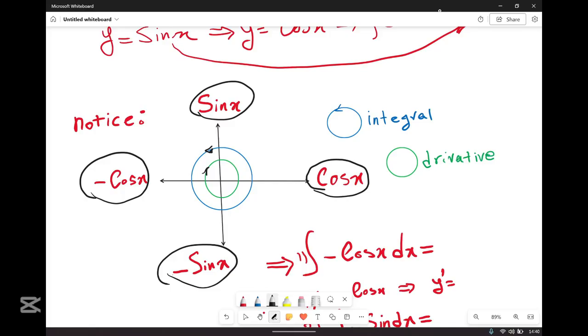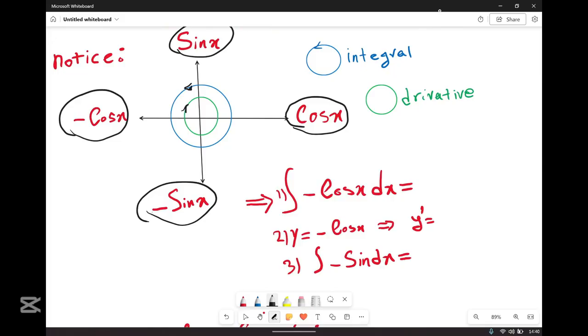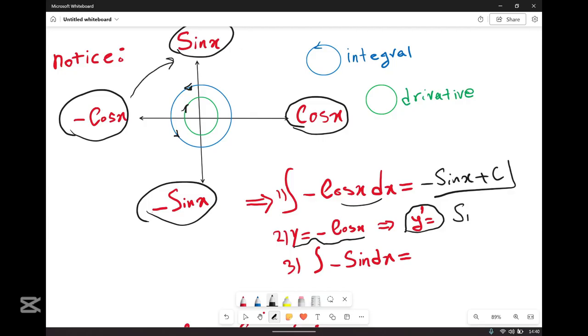Therefore, the integral of minus cosine x dx is exactly, you must turn clockwise, minus sine x plus c. But when your function is minus cosine x and you calculate the derivative, we must go counterclockwise and the answer is sine x. It doesn't need the minus sign because we are in the derivative.